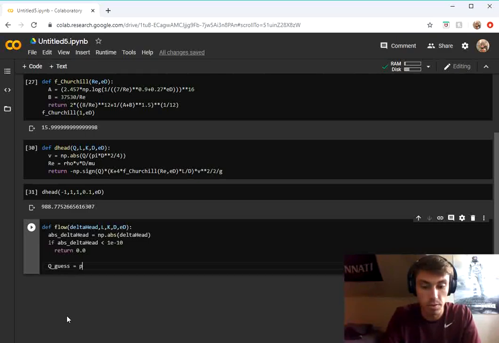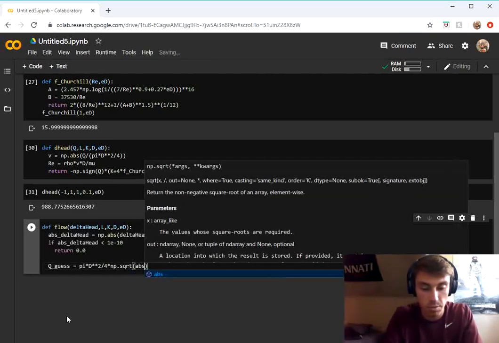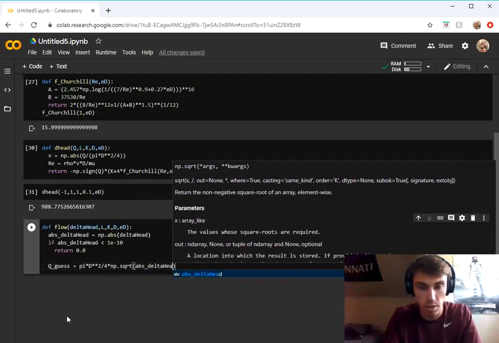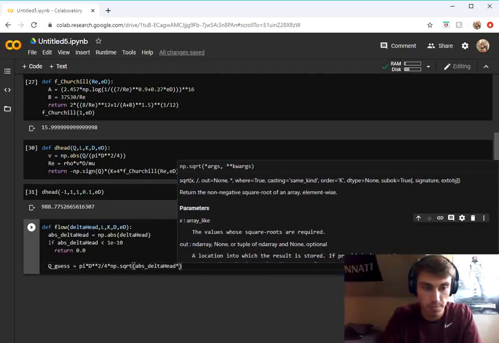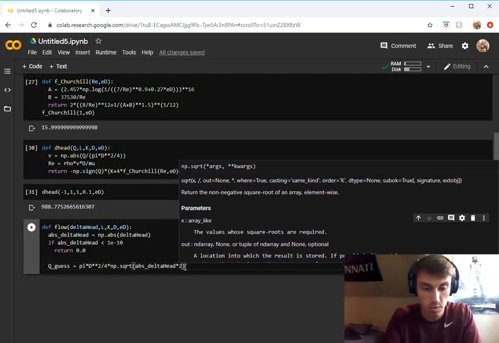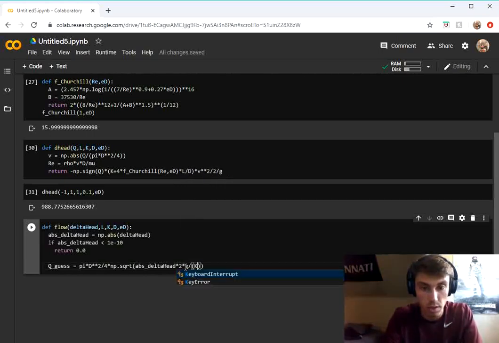This will be pi times the diameter squared divided by 4, similar to what we saw earlier, times the square root, and this is similar to what we saw earlier.